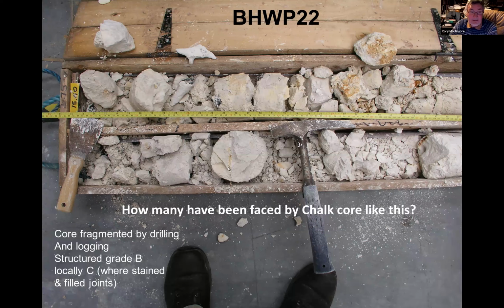So you might have a mixture there of a B and a C, or even an A. So what grade would you give it? Well, I think the way in which we generally approach this is to give it the worst grade. So where you've got filled fractures, they will be open, and that would be a C. So you'd probably give that whole core run a C.